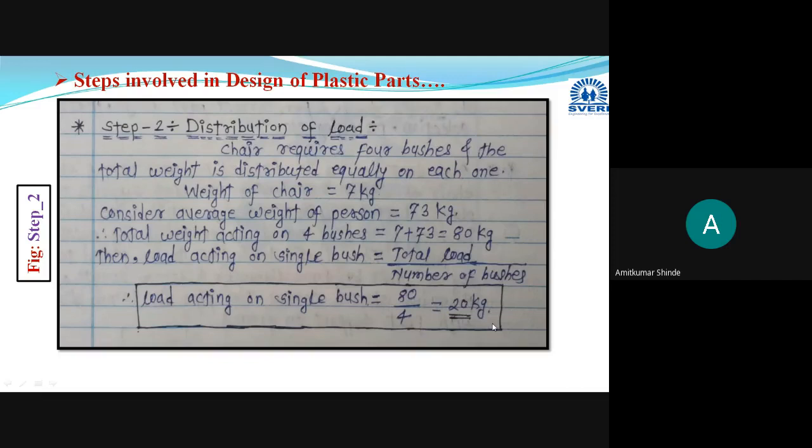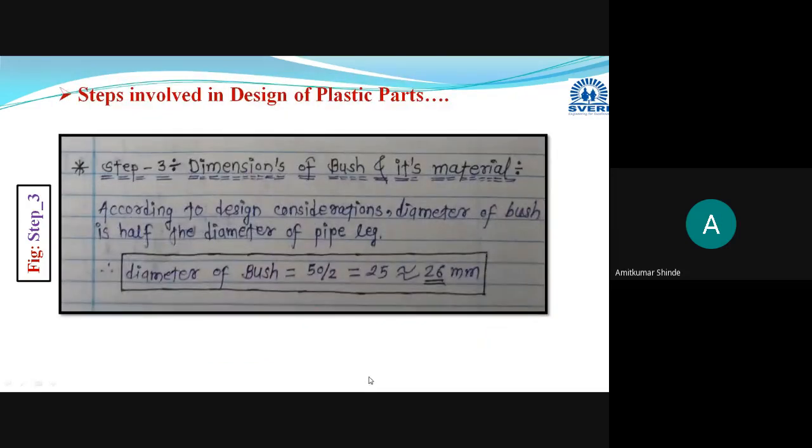Okay, then we will move towards the third step. Now in the third step, after deciding the load acting on the single bush, we will decide the dimensions of the bush and its material.